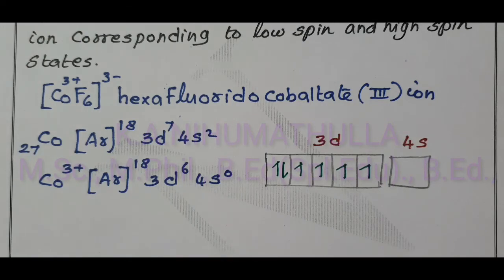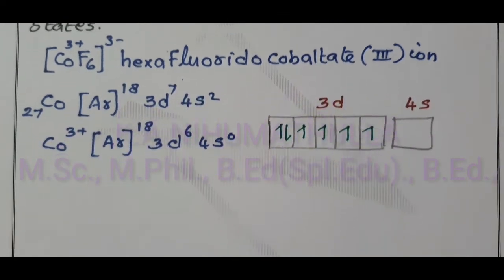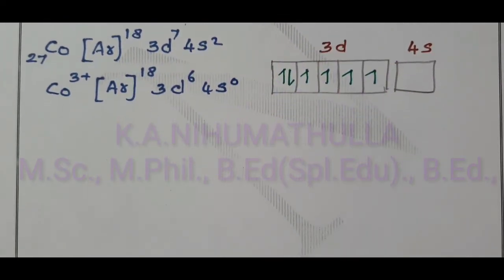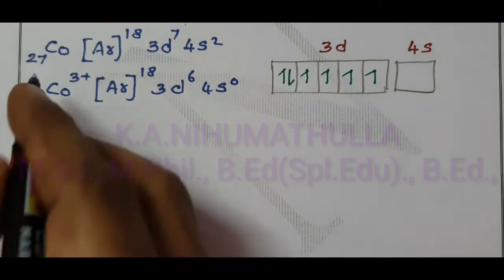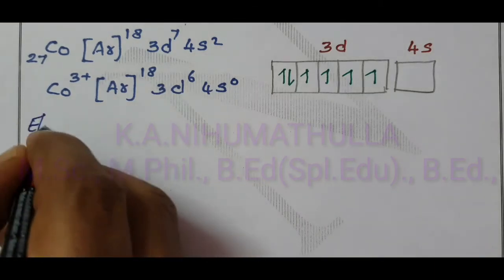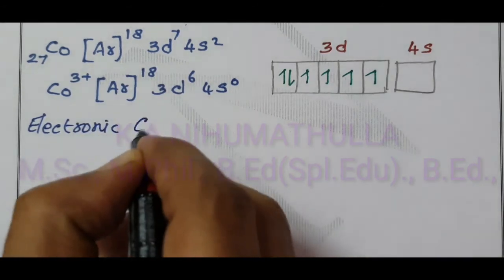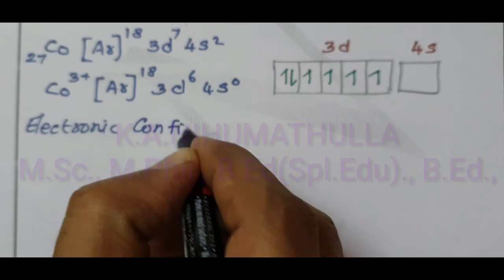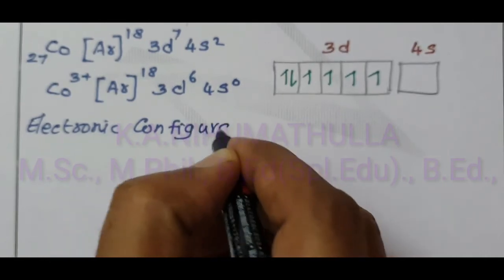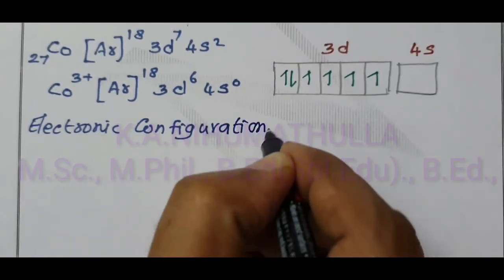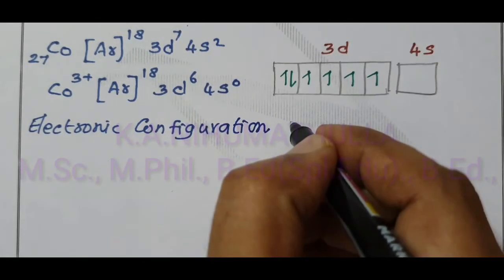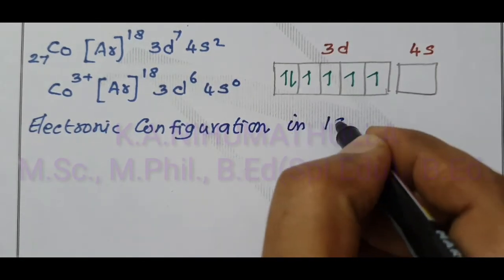Now we are going to calculate the energy of the isotropic field. What is meant by electronic configuration? The arrangement of electrons in different orbitals. Electronic configuration in which field?